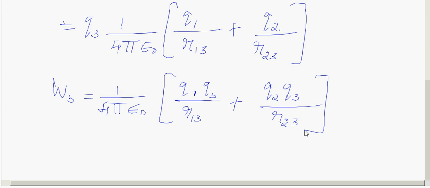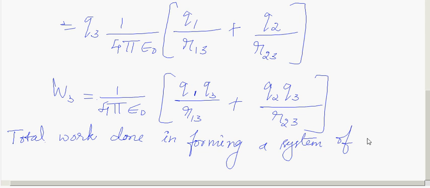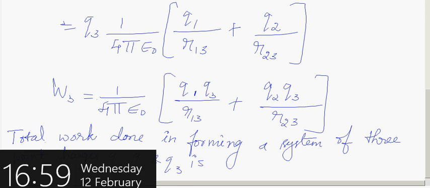So the total work done in forming a system of 3 point charges q1, q2 and q3 is W equal to W1 plus W2 plus W3.